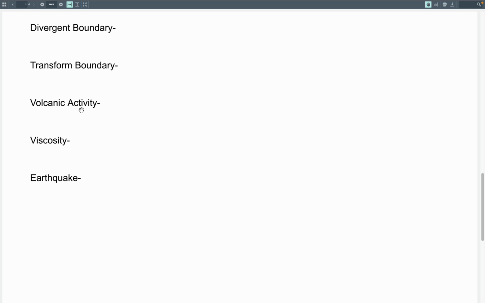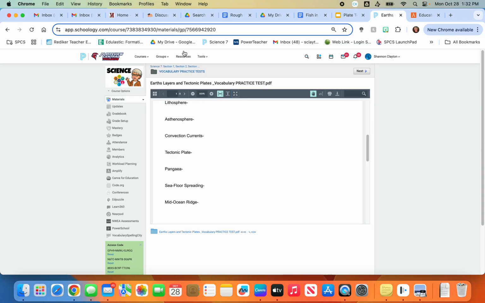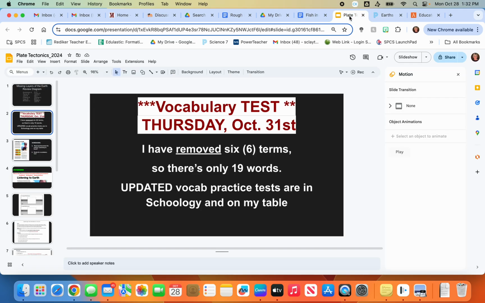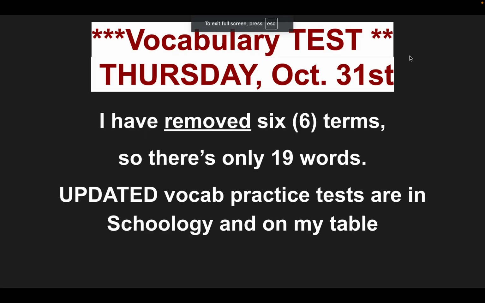Viscosity, we talked about that with Earth's crust. And then the word earthquake, I left that because we need to talk about that with plate tectonics too. But all of the detailed words, I took those off. Okay? All right, so make sure that you are studying for your vocab test, which is on Thursday.